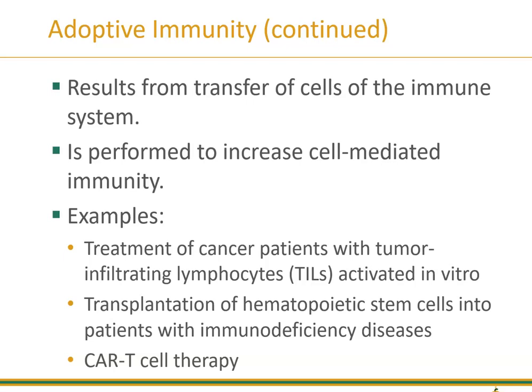Adoptive immunity is where we actually transfer the cells of the immune system into the patient. It is performed to increase, a lot of times, cell-mediated immunity. For instance, in treating cancer patients, we can give tumor-infiltrating lymphocytes that have been activated in vitro. So what they do is we will get T cells out of the patient.